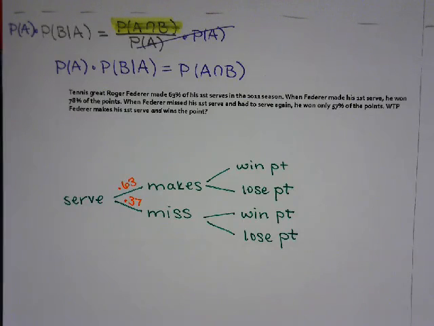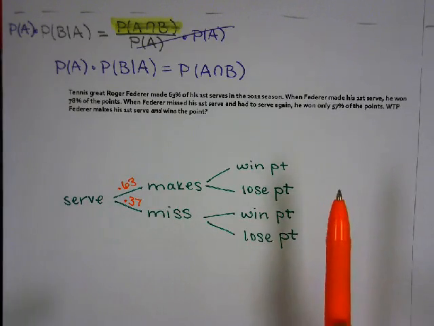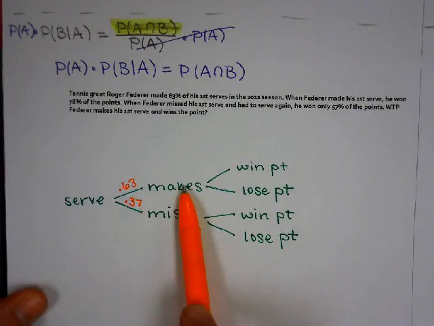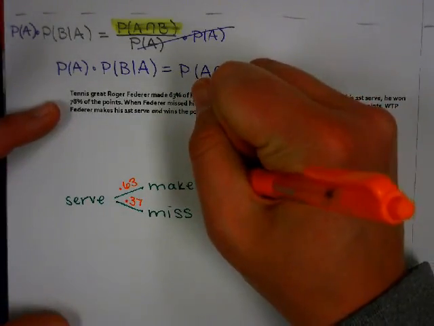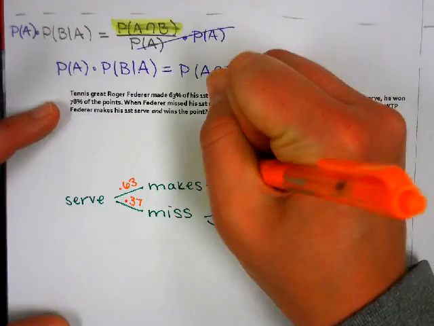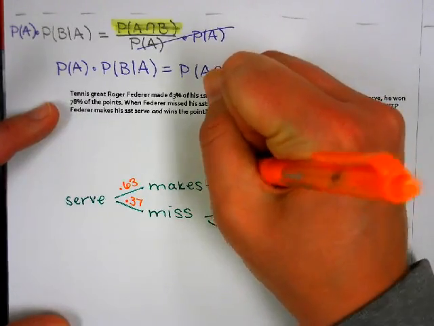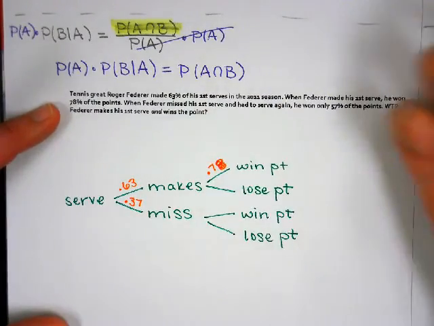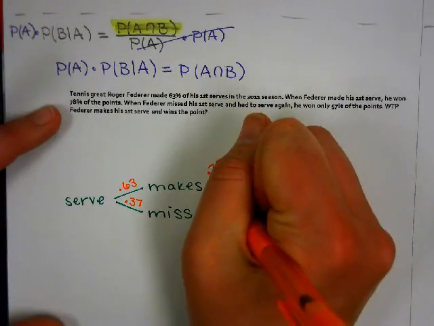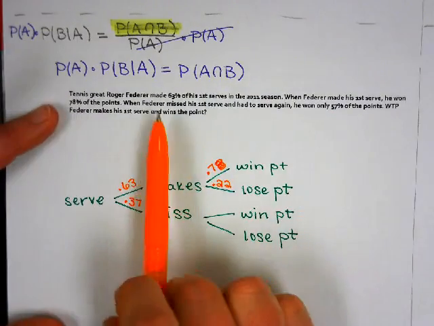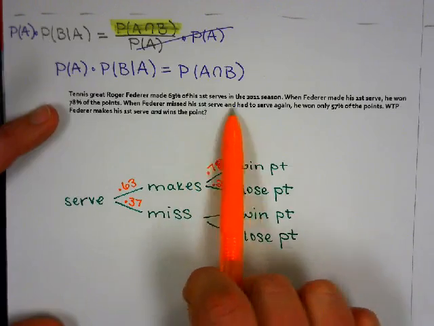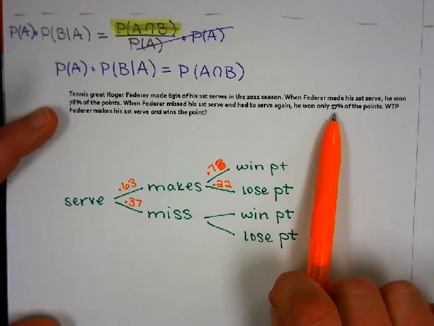So if he makes his first serve, he won 78% of the points. So the complement would be 22%. And then he missed the first serve and had to serve again. He won only 57% of the points, so the complement is 43%.